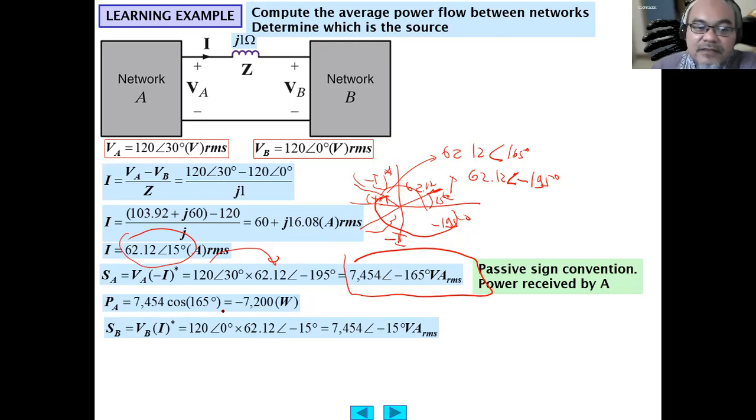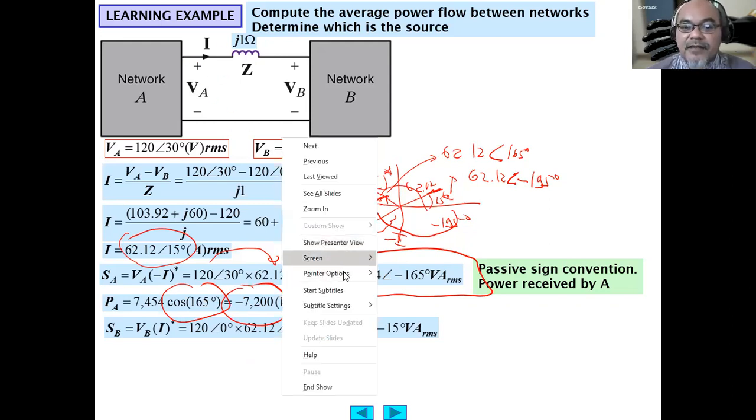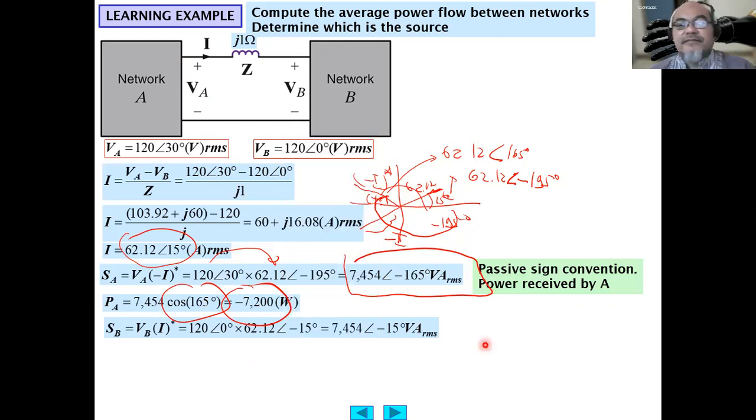So you will still obtain minus 7,200 watts. Since it is negative, the power is being absorbed by A. Is it clear for everyone?